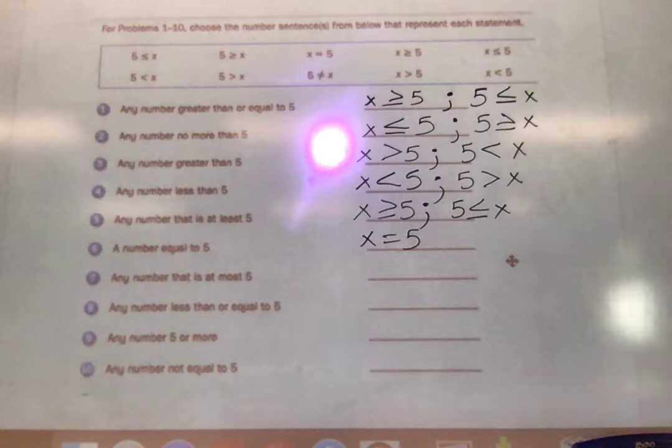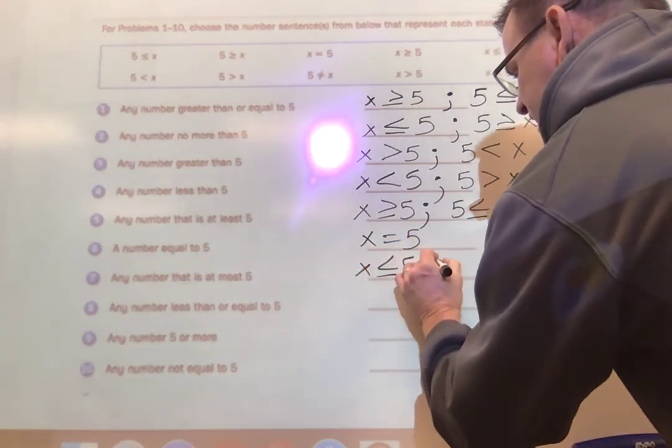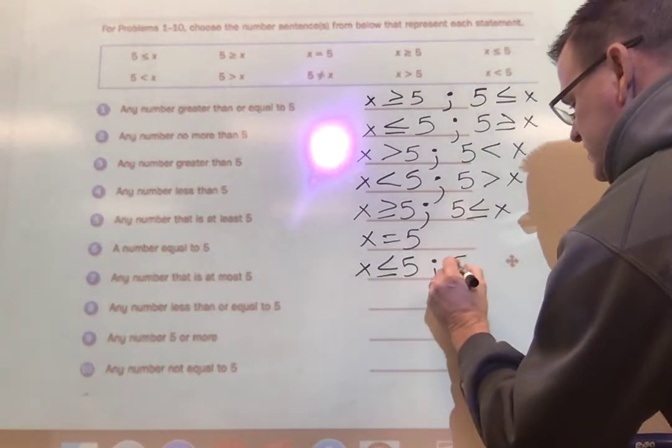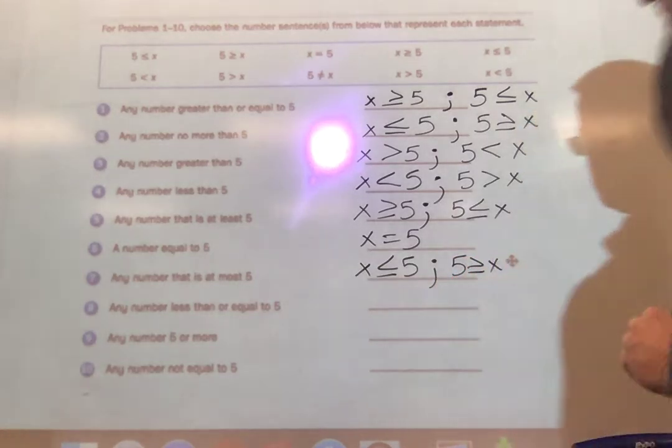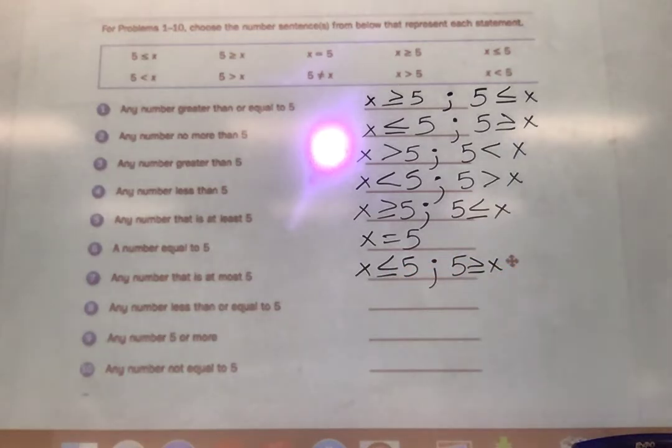The most it can be is 5. So I would write x is less than or equal to 5. And I also could write that on number 7 here is 5 is greater than or equal to x. Okay, so these two mean the same thing. X is still the smaller, or at most it could be exactly 5.